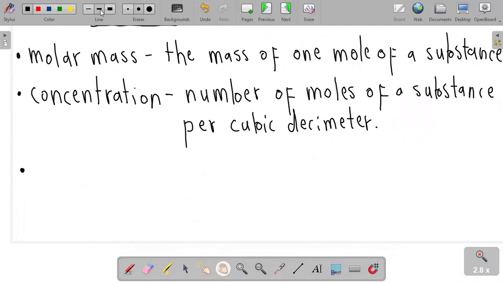And then we can talk about standard solution.